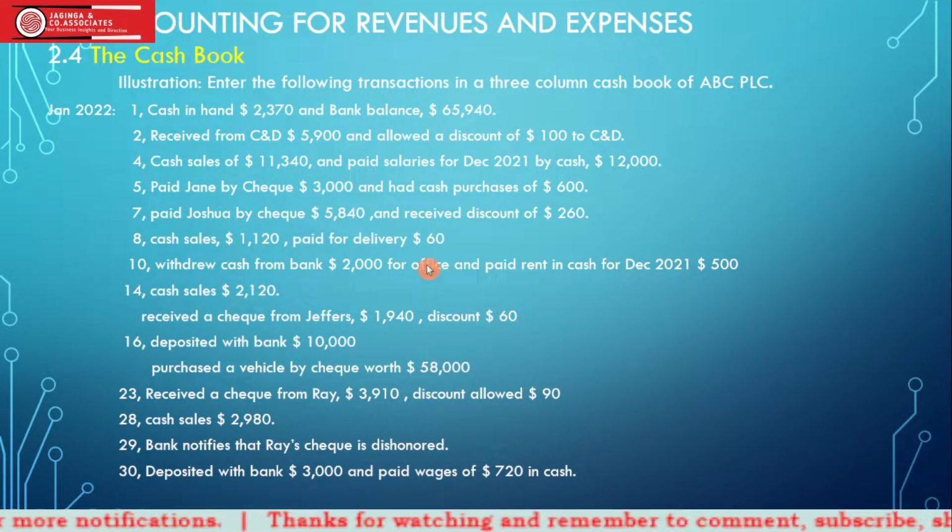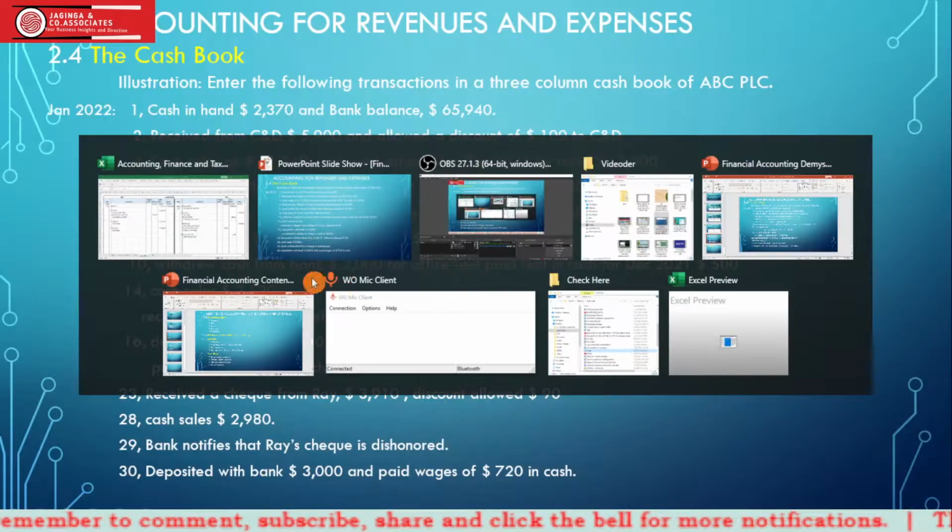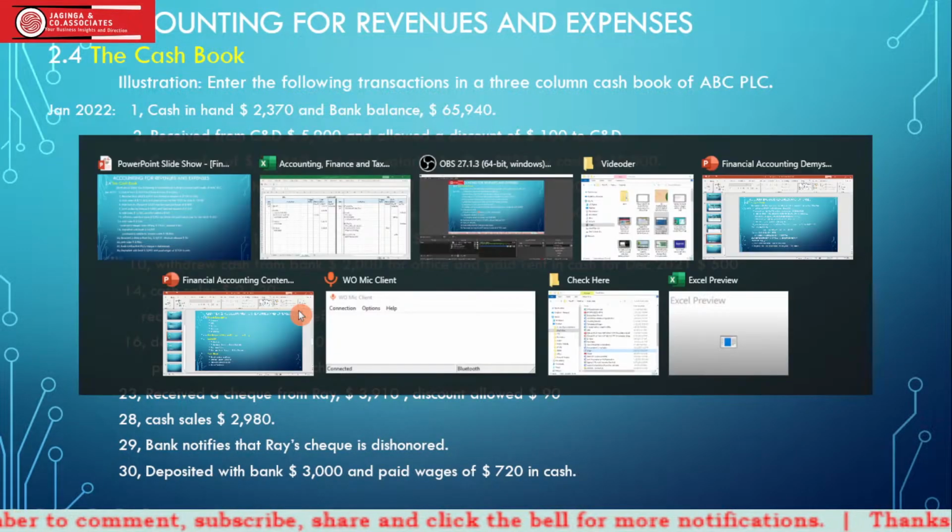So that was paid on 8th, and then on 10th we drew cash from bank 2,000 for office and paid rent in cash for December 2021 worth $500. So we withdrew cash from bank 2,000.